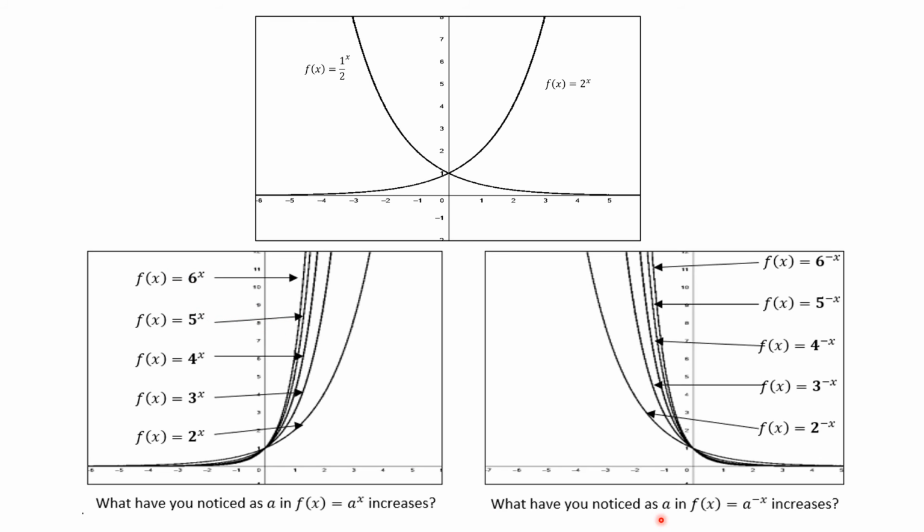What have you noticed as a in f of x equals a exponent of negative x increases? Take note, our exponent here is negative x. If our exponent is negative x and a increases, so it becomes 2, and then 3, 4, 5, 6.